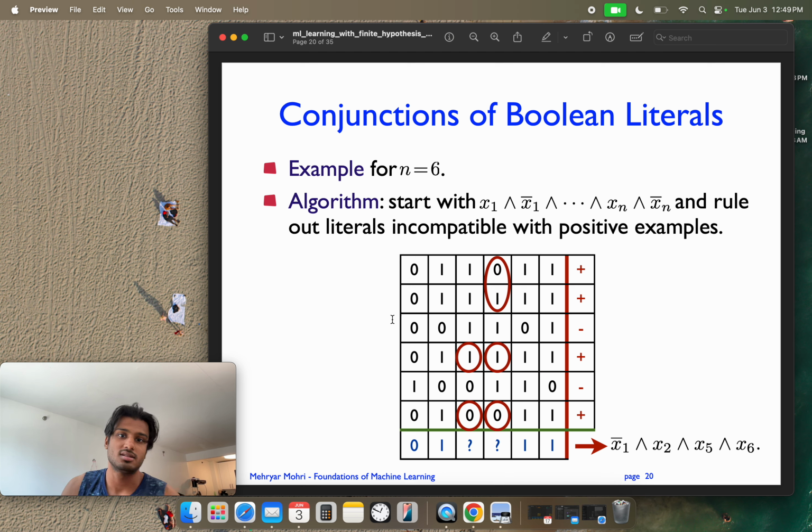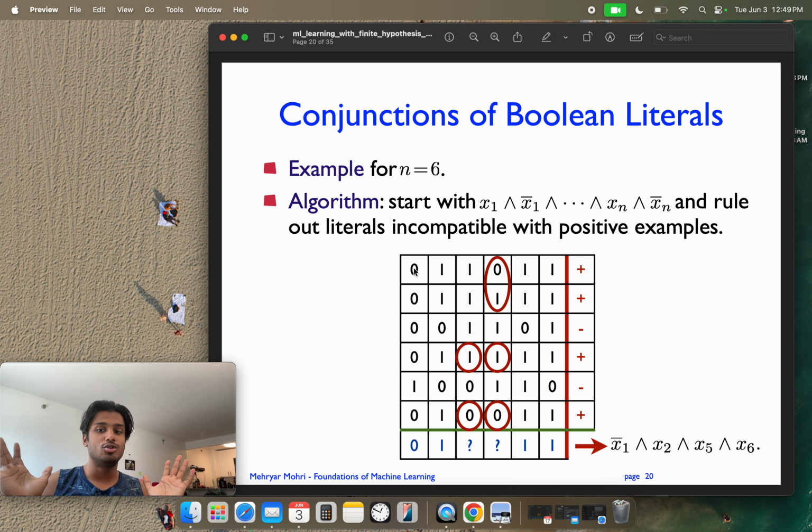An example then is a conjunction of Boolean literals. Let's say you have, for n equal to 6, 6 particular variables, and what you are given is what the values are, basically. What you actually have is this formula, that there is some conjunction of Boolean literals which you do not know.